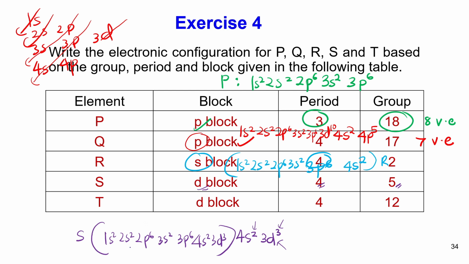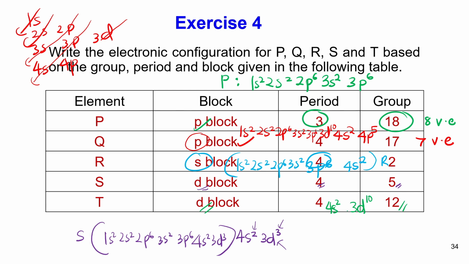And last one, for element T. We have D block also, period 4, group 12. So 4s and 3d. To make 12, 10 from d and 2 from 4s, so 2 plus 10 is 12.